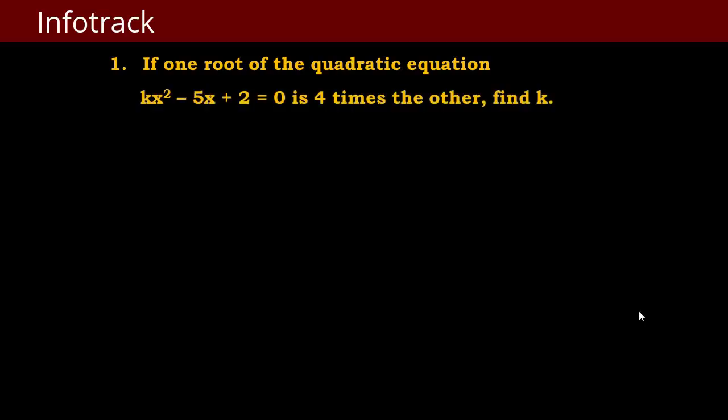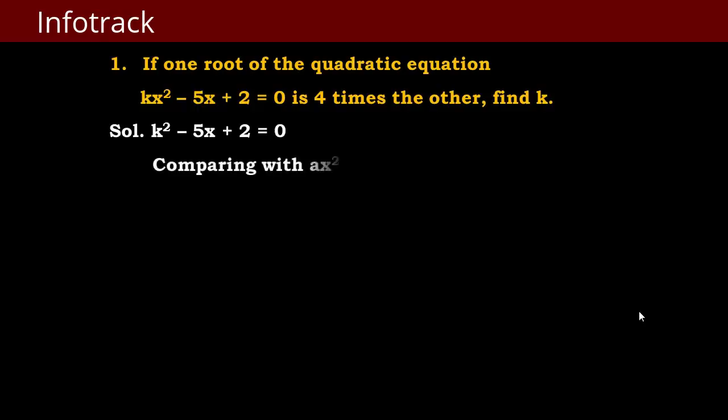Question number 1. If one root of the quadratic equation kx square minus 5x plus 2 is equal to 0 is 4 times the other, find the k. See, the given quadratic equation is kx square minus 5x plus 2 is equal to 0.